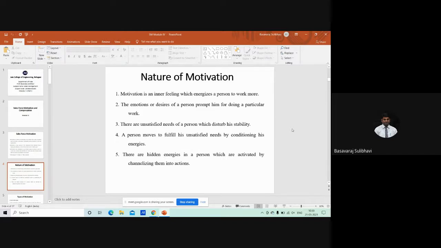So there are some hidden energies in a person which are achieved by channelizing them into an action. People have an energy but they are not aware of that. So there must be one or the other person who should know that, which is a type of motivation which can help in getting that energy out and making him work on that particular path of achieving the given target or job.